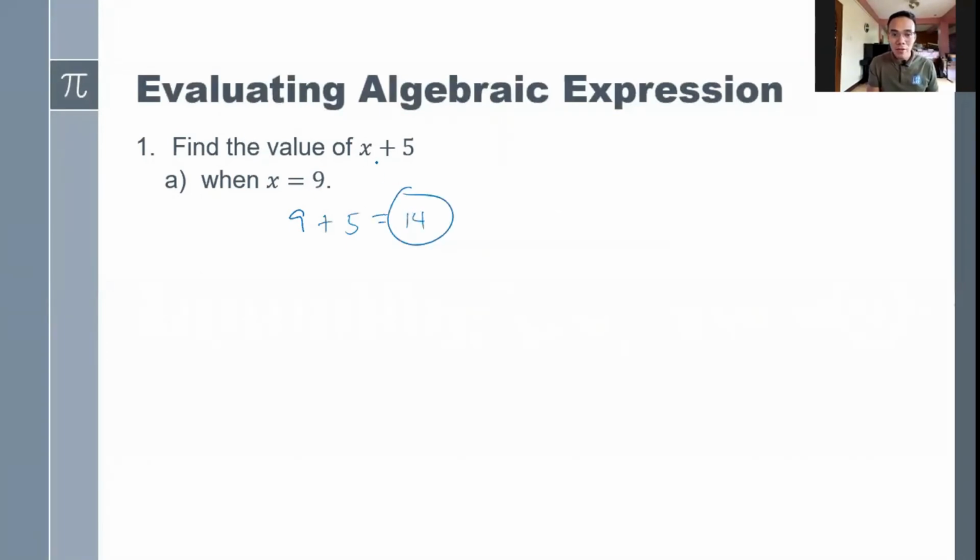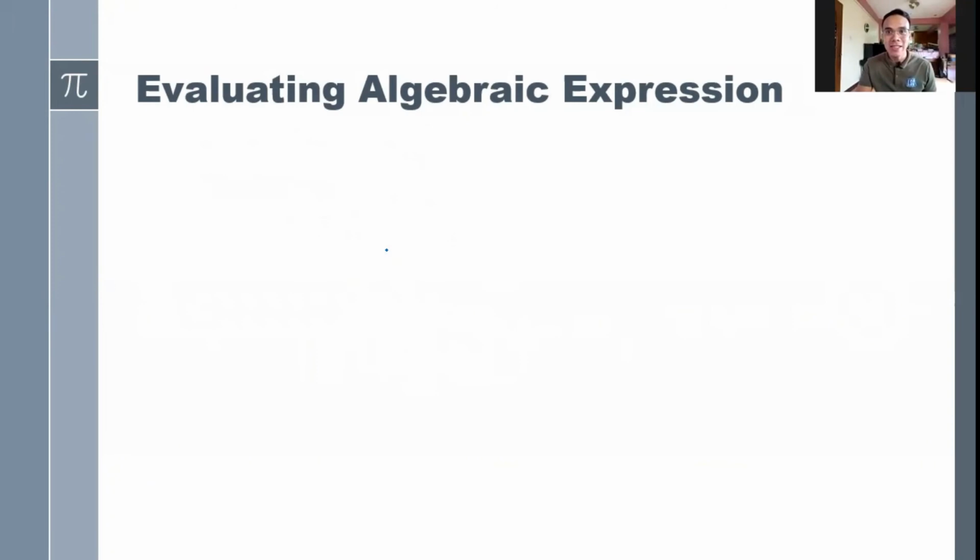The value of x plus 5 when x is 9 is 14. That's evaluation. When x is 15, we have now 15 plus 5 equals 20. So the value of x plus 5 when x is 15 is 20.